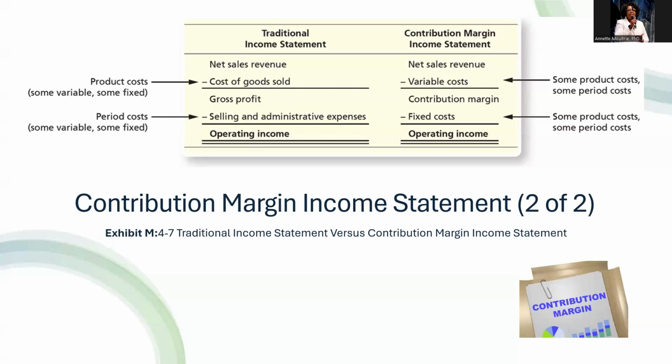Again, you see the traditional income statement and the contribution margin income statement. Okay? So the contribution margin format provides greater insight into cost behavior, which will help managers make pricing, budgeting, and operational decisions. That's the contribution margin income statement.